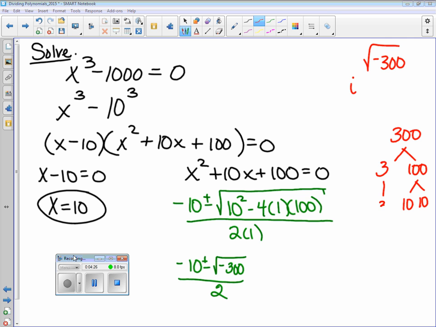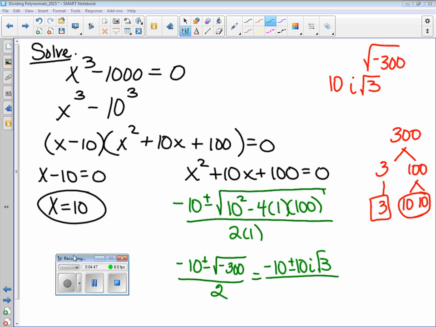We have a pair, so I know that the 10 can come out. The 3 stays underneath the square root. So I have 10i radical 3. Just reducing the radical. So this now becomes negative 10 plus or minus 10i radical 3 all over 2.